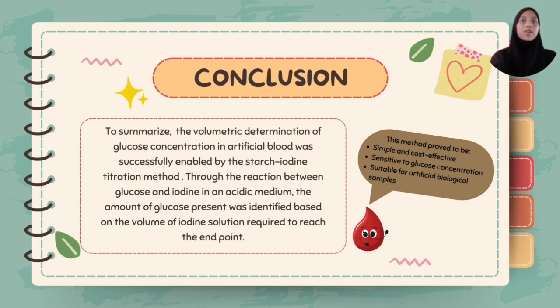The Starch-Iodine titration method is a great choice to determine the glucose concentration in artificial blood because it is simple and cost-effective, also sensitive to glucose concentrations, and suitable for artificial biological samples.